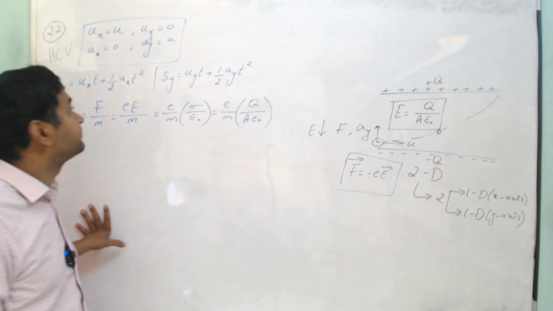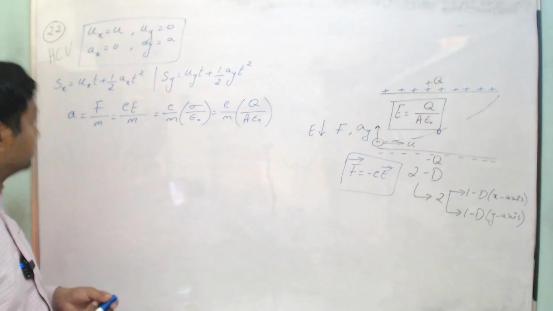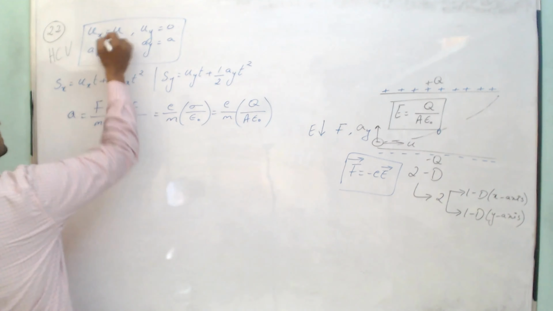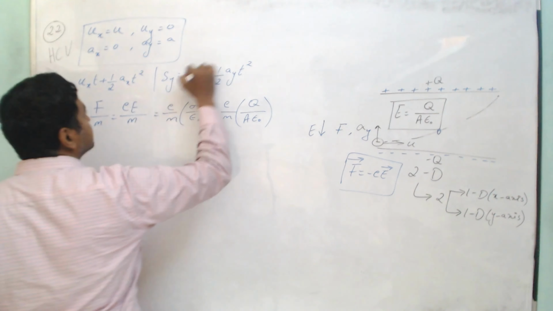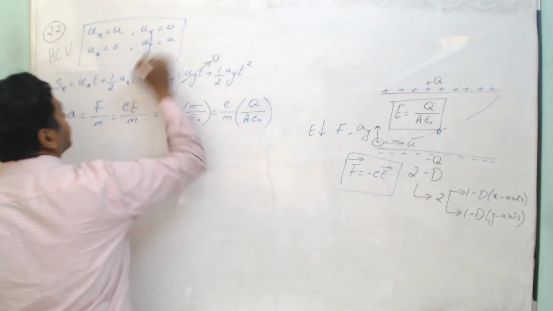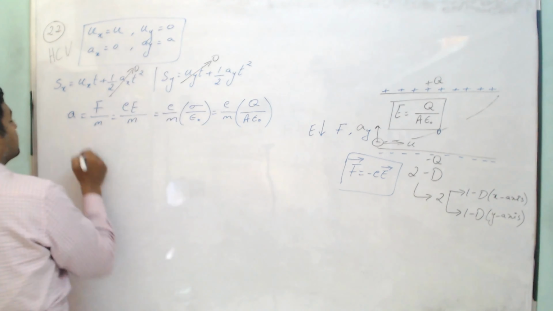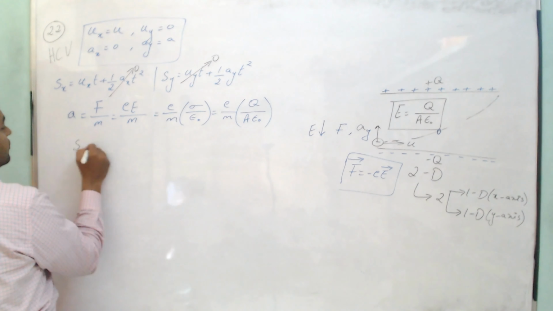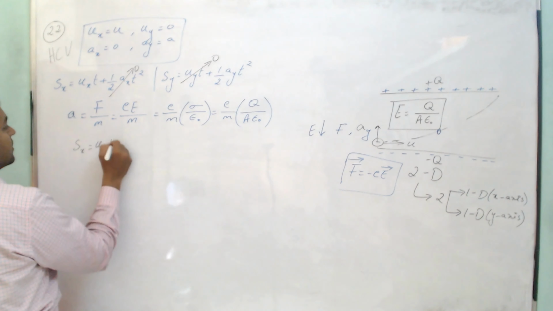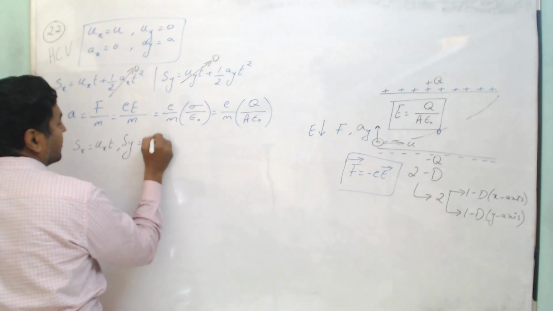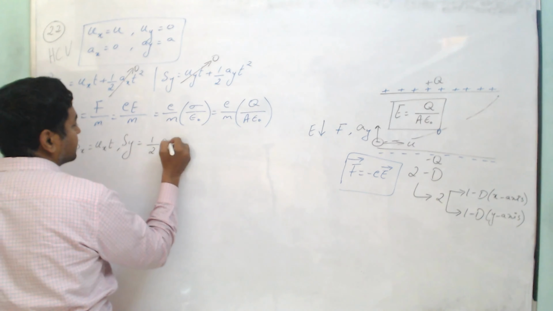Also, in the original equations, my Ux is basically, Uy is basically 0 and my Ax is basically 0. So my Sx will become Ux into T and my Sy will become half A by T square.